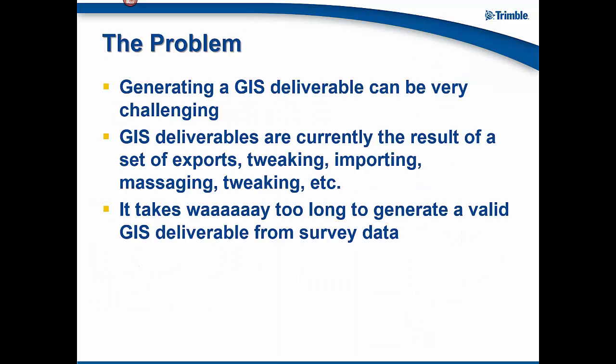The problem we try to solve in this GIS module is the fact that generating a GIS deliverable for surveyors can be very challenging. At the moment, the whole process involves a lot of rework, a lot of tweaking, importing, exporting, and the bottom line is that it takes way too long to generate a GIS-ready deliverable from survey data.